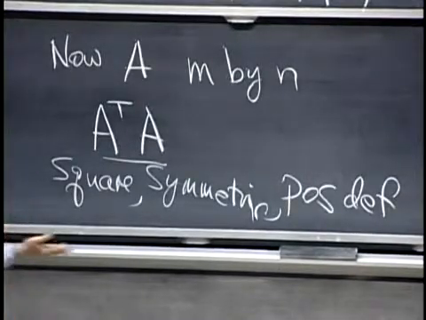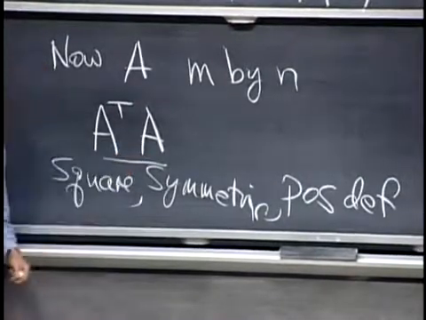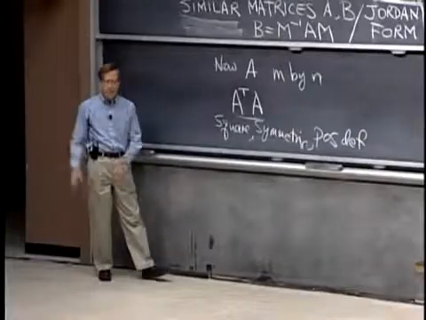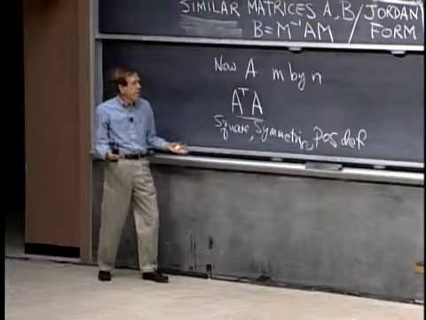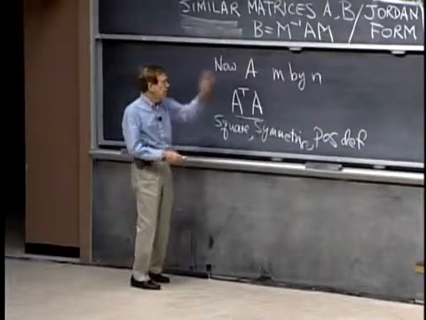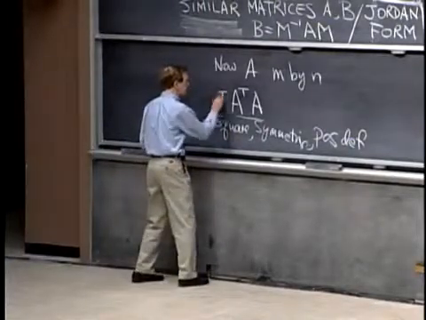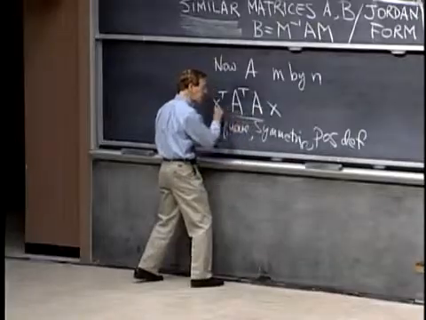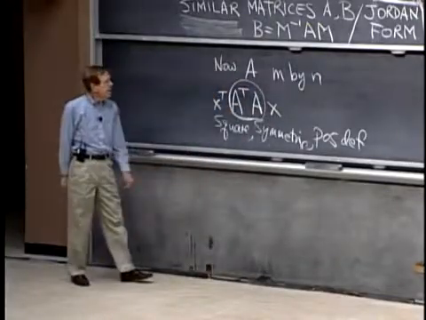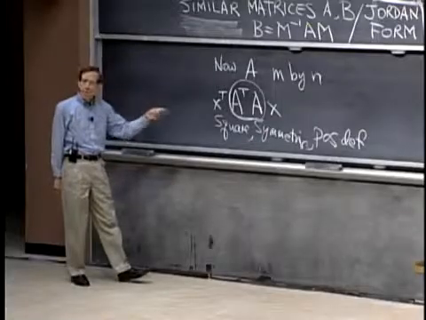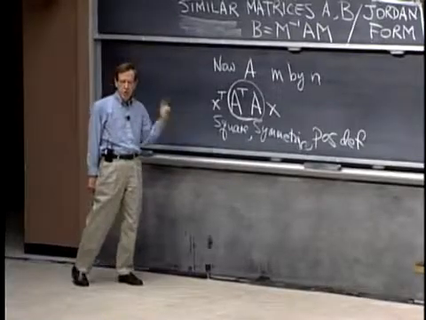Well, I don't know the eigenvalues of this product. I don't want to work with the pivots. The right quantity to look at is this: x transpose A transpose A x. x transpose times my matrix times x. I'd like to see that that expression is always positive.